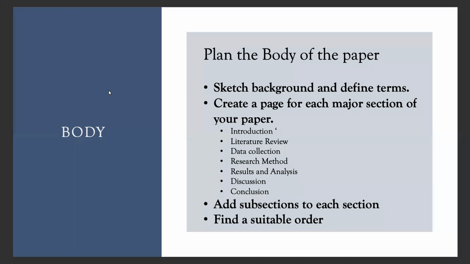In the research method section, you tell them what type of scientific method you have used, quantitative or qualitative methods. And then in the results section, you actually disclose all the results through charts, maps.